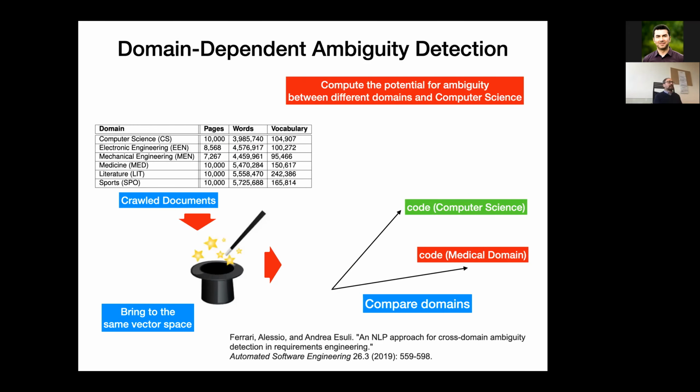Then, after gathering all these documents, I was able to bring them, with some magic that you find in the papers, of course, into the same vector space. And I was able to compare the meaning of code in computer science with the meaning of code in the medical domain, so that I could measure the distance between these two words in these two different domains.